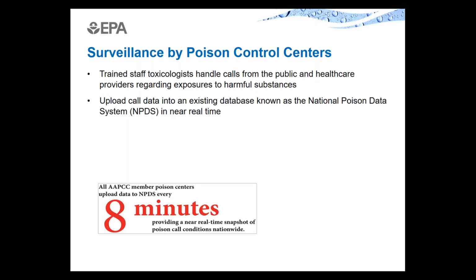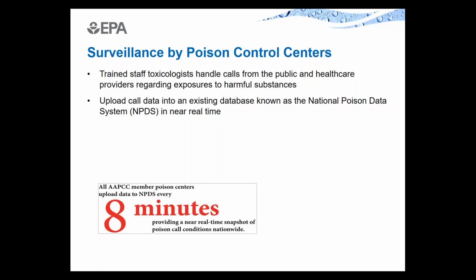As calls come in to the poison center, the staff are continuously evaluating the cumulative call record and looking for unusual calls or clusters of similar calls. So they may be able to recognize an emerging outbreak or spike in illness due to exposures to a toxic substance. Also, the calls and information that poison control centers collect are uploaded to the National Poison Data System in near real time.